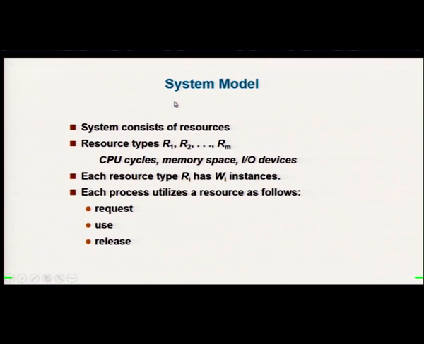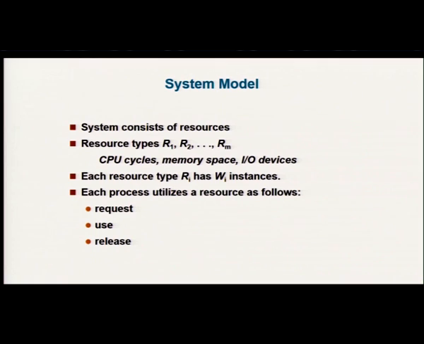A system consists of resources. It's not completely out of context to think of operating systems primarily as a resource manager. As I said, limited memory, limited input output devices, limited CPU time, limited CPU cycles. These are typical resources which can be called R1, R2, R3.